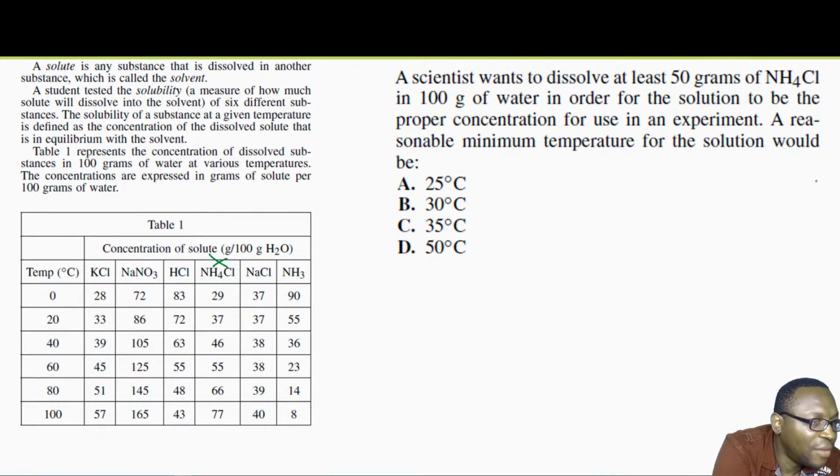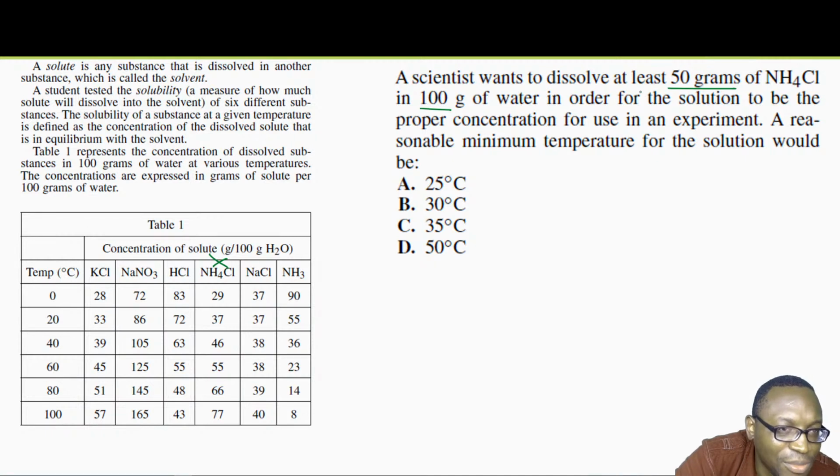So we have 50 grams of NH4Cl in 100 grams of water. That's going to be your concentration. We want to find out at what temperature we can get 50 grams of NH4Cl in 100 grams of water.